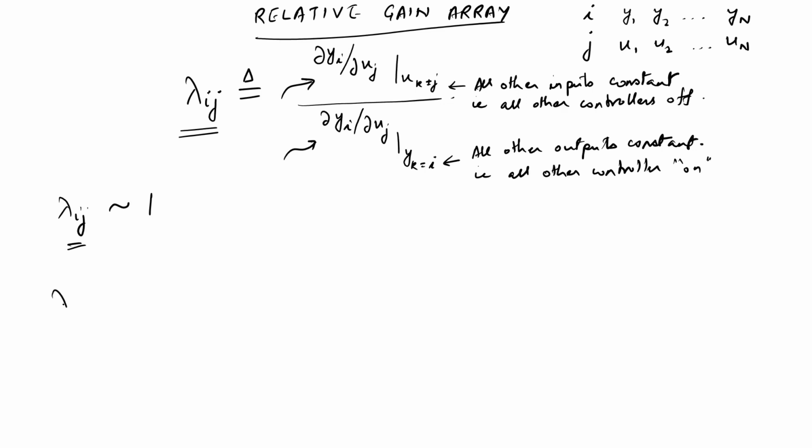Imagine a situation where this lambda ij is less than 0. That means it's negative. What that means is, depending on whether all other loops are on or off, the gain that this controller sees switches sign. So for example, when all other controllers are off, if I increase steam, temperature increases. So the numerator is positive.